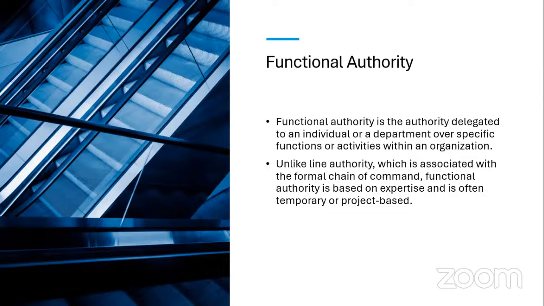As we round up, let's look at functional authority. Functional authority is the authority delegated to an individual or a department over a specific function or activities within an organization.